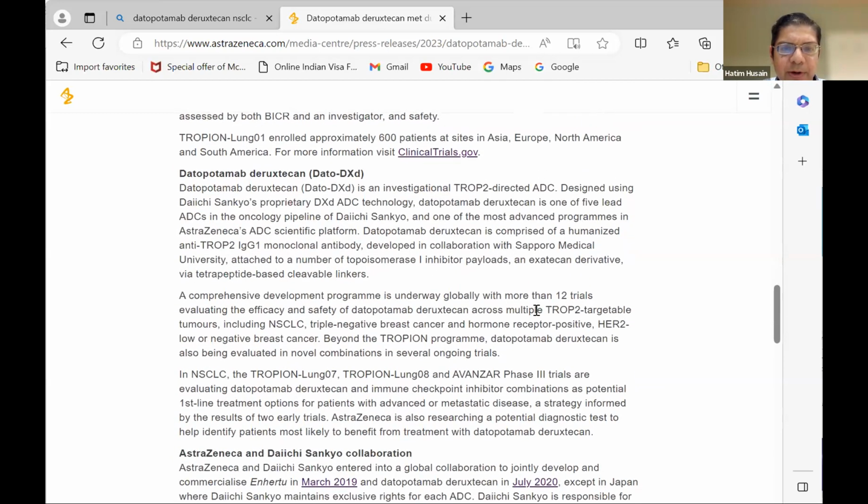Just when we think about datopotamab, it's a medicine against TROP2, an IgG1. It has a topoisomerase 1 payload, an exatecan derivative. So that's the composition of that.